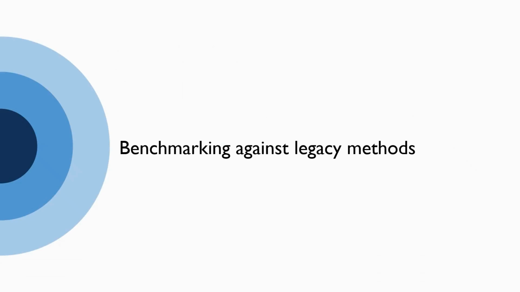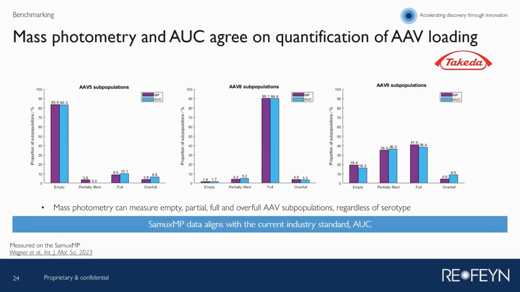Now that we've shown the significance of having reliable upstream purification processes in combination with mass photometry at early upstream process stages, we would like to show evidence of how reliable and accurate those measurements are. This is a data snippet from a publication by Takeda, where they measured three different serotypes, AAV5, 8, and 9, on mass photometer, which is purple, against analytical ultracentrifugation, which is blue.